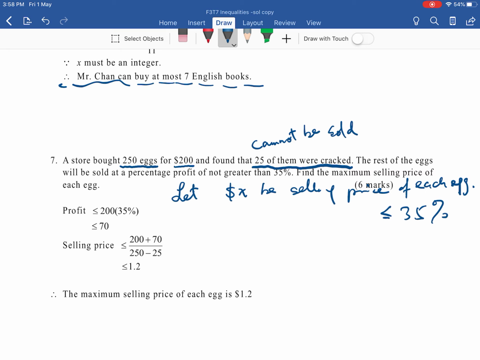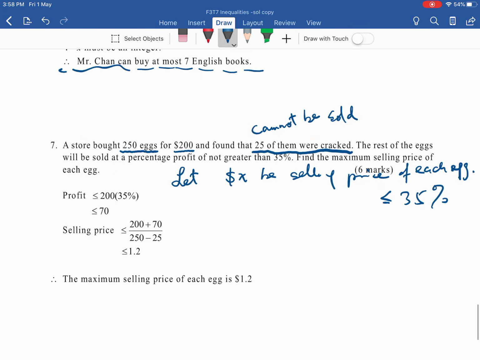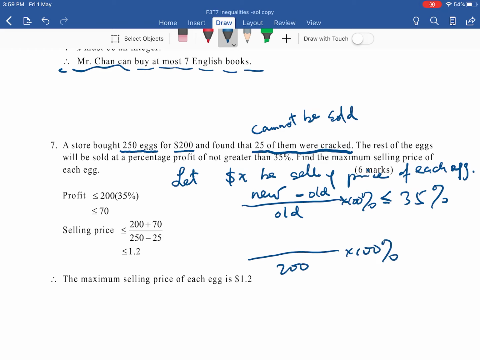okay? And you see that the profit percentage, less than 35%, is the new value minus the old value, divided by the old value, times 100%. What is the old value? That is the original value, which is 200, okay?